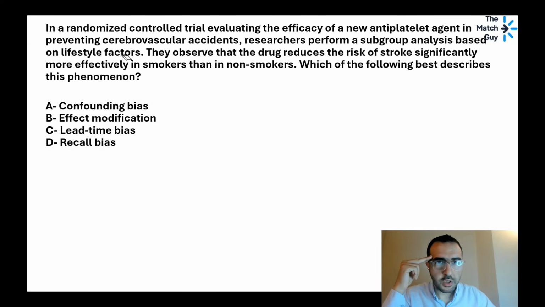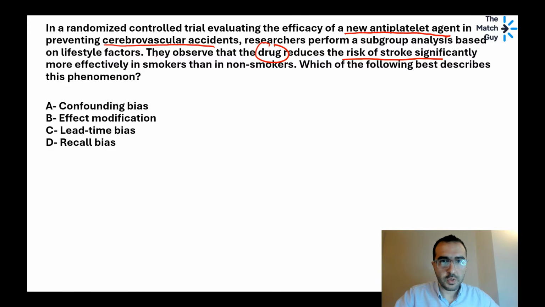The next question here is about a new antiplatelet agent in preventing cerebrovascular accidents. So researchers perform a subgroup analysis based on lifestyle factor. They observe that the drug reduced the risk of stroke more in smokers than non-smokers.